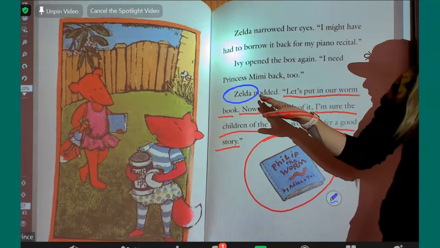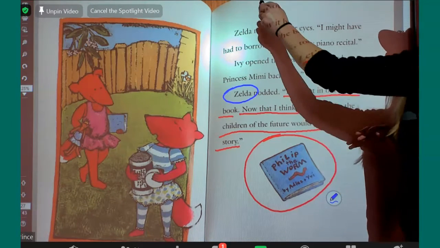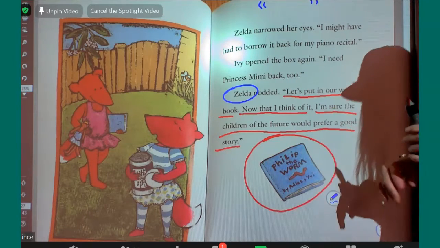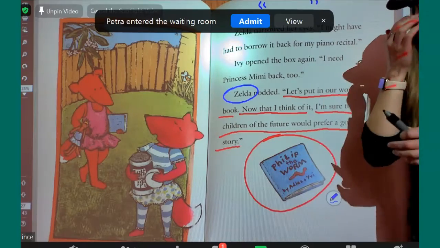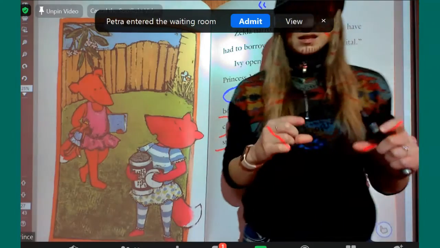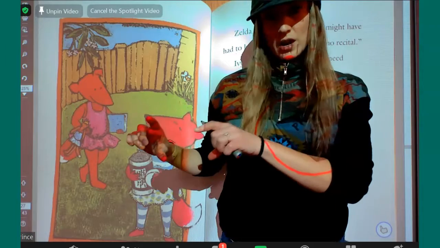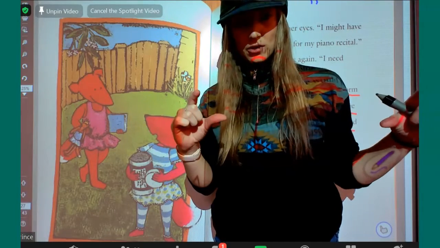So as you're reading today, boys and girls, we're going to be checking to see if we can find quotation marks or any pieces around the story that help us identify who is talking. So if we are reading something and it says, blah, blah, blah, said Gerald, we're going to know that that talking part was Gerald talking.